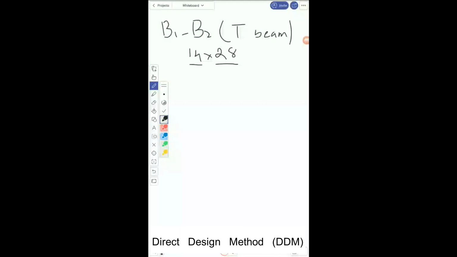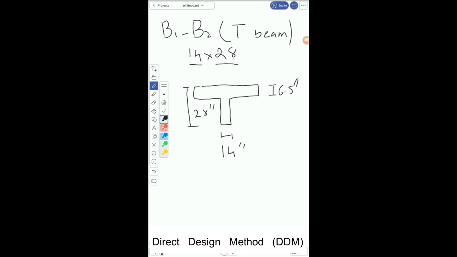So I'm just going to draw a T beam. This is the slab thickness, which is 6.5 inches. This is the width of the beam, which is 14 inches. And this is 28 inches, which is the overall depth.